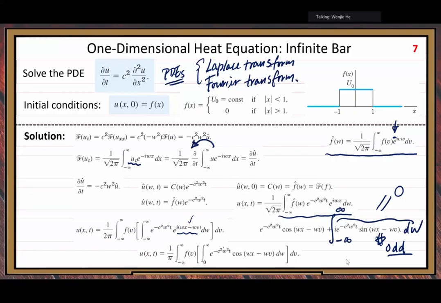Now, when we compare them, we can see the Fourier transform method has some big advantage. Why is that? The reason is very simple. When we do the inverse Laplace transform, we do not have an explicit formula, right? Think about it. There is no explicit formula for the inverse Laplace transform. But we have an explicit formula for the inverse Fourier transform, right?